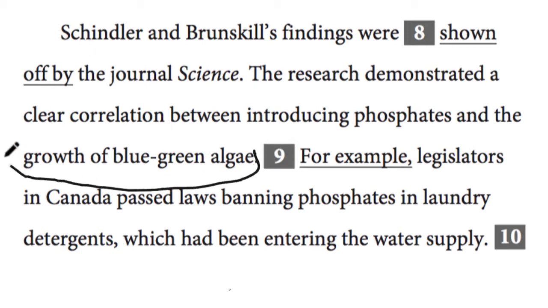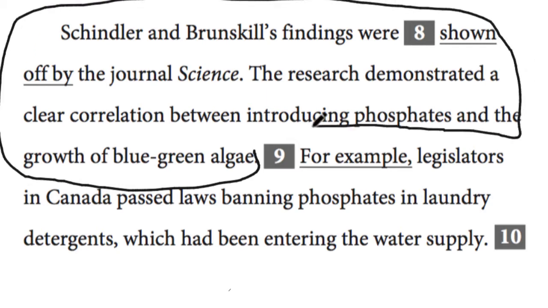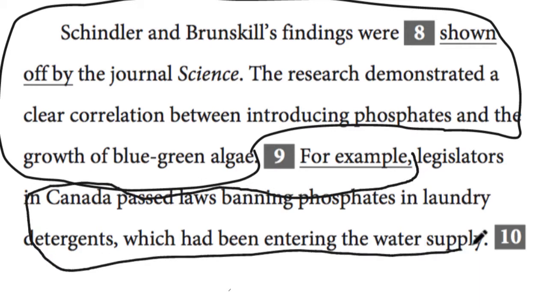Circle that right here so we can kind of identify it. That's the idea before the underlined phrase. After the underlined phrase, it says, legislators in Canada passed laws banning phosphates in laundry detergents, which had been entering the water supply. Okay? So this is the idea after the underlined phrase.